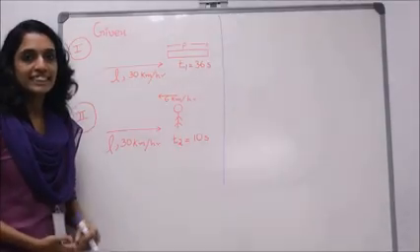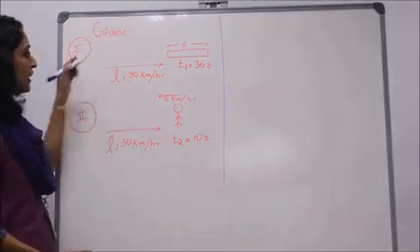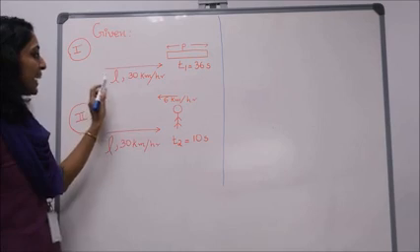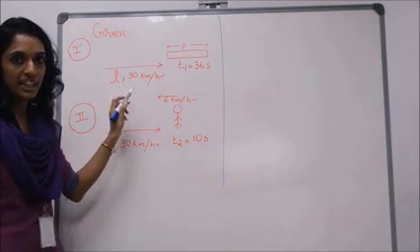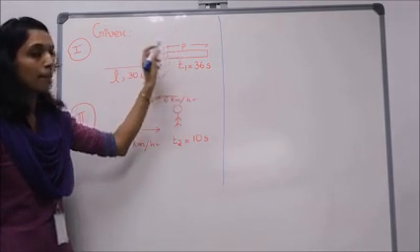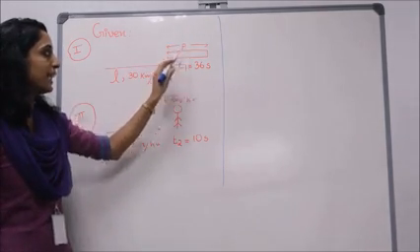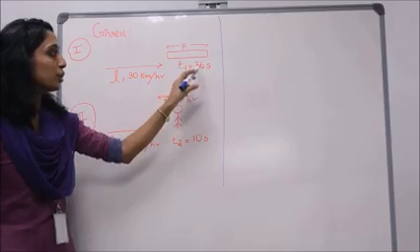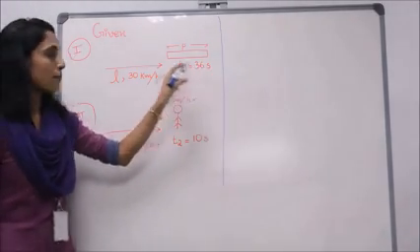We have already seen the question. There are two cases given. First case, the train is moving at a speed of 30 km per hour and it is passing a platform of length P within a time T1 equal to 36 seconds.